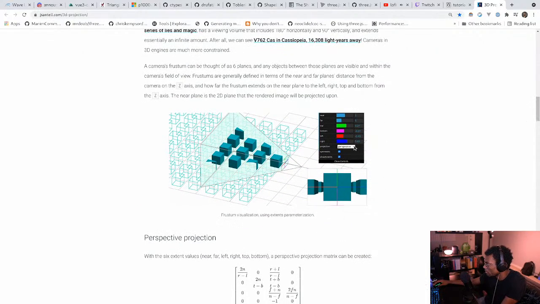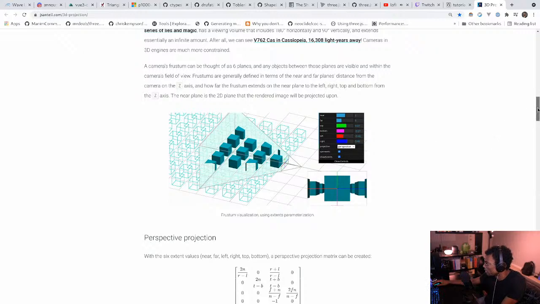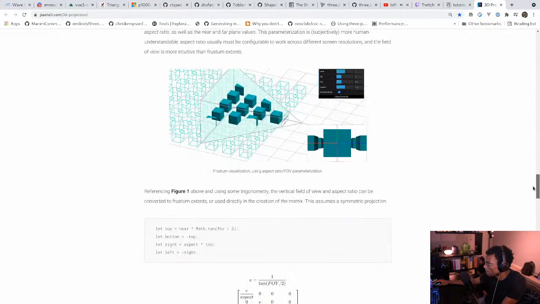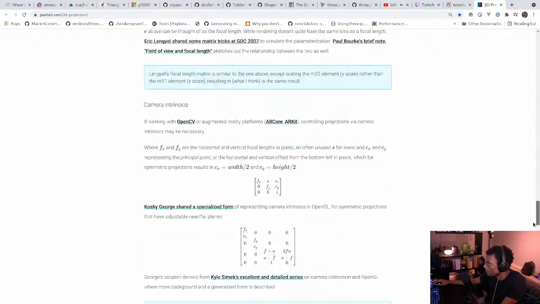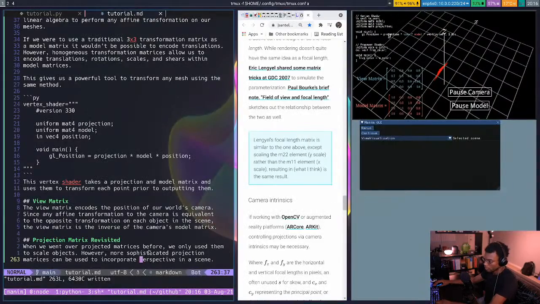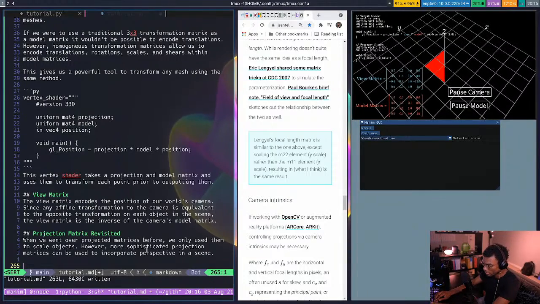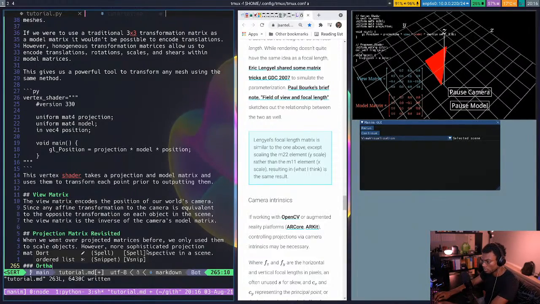There's not really any point in redoing it. Okay. But I will have to go over orthographic and perspective.